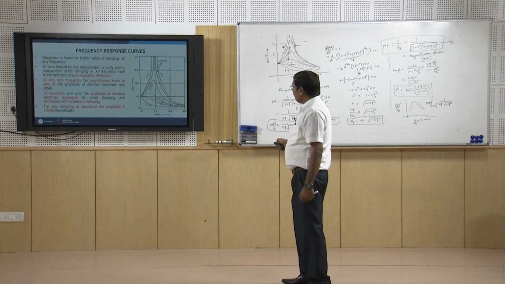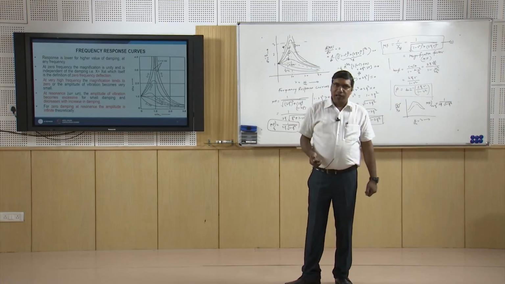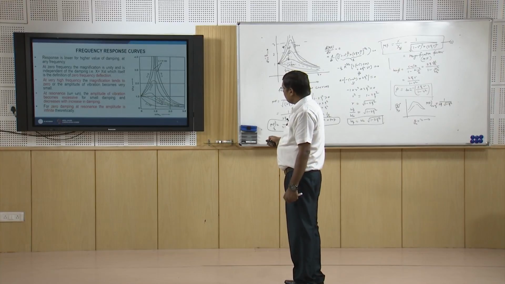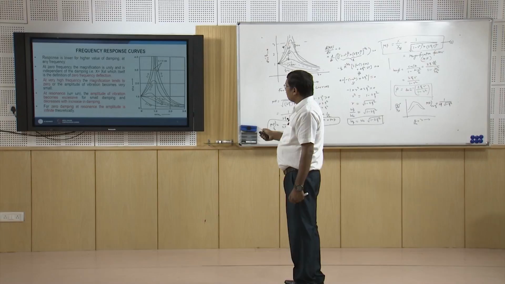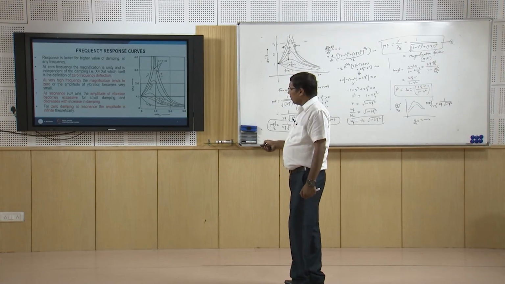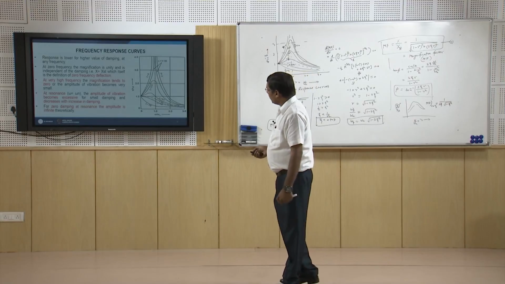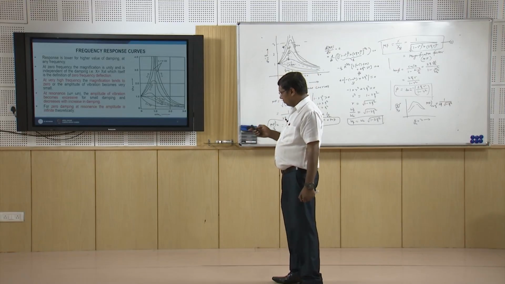And from here we can understand the effect of damping, because if we are near the resonance condition and we don't have the damping, the amplitude is infinite, but if we are increasing the damping, the amplitude is reducing. So near R equal to 1 or omega equal to omega n, the only method to control the vibration is that we can induce some damping.